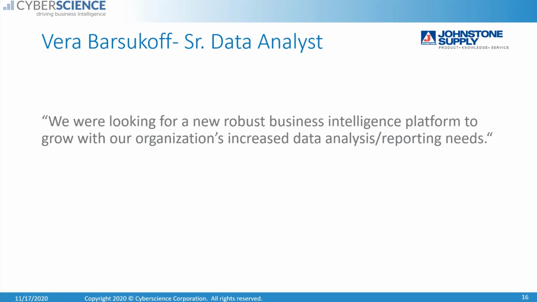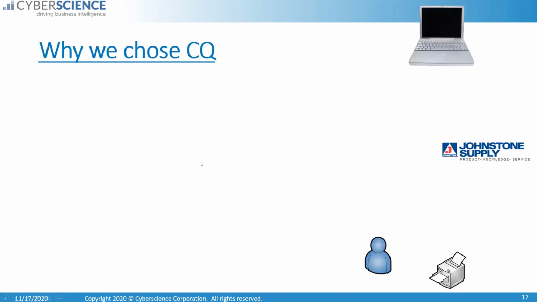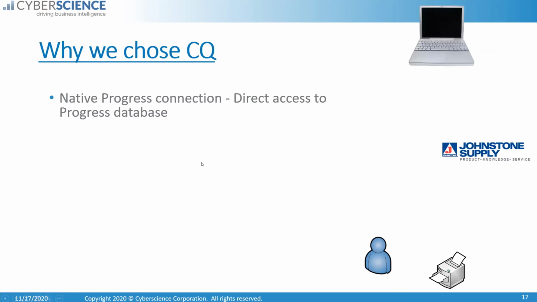She said, hey, we were looking for a robust BI platform. They were on a previous BI tool, and it wasn't fitting their needs as they were having an increased demand for data. When I asked why they chose CQ in the beginning, she said it has a native Progress connection.